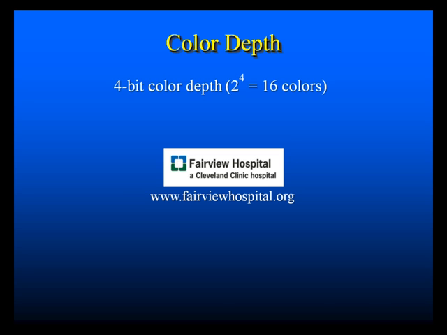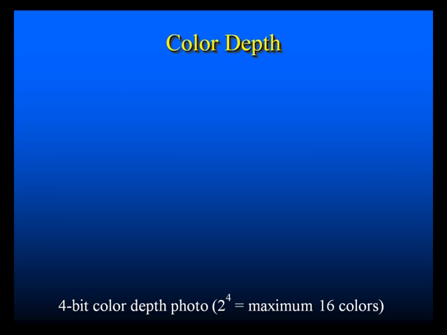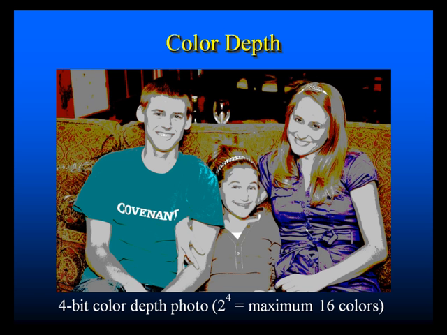But how about for a photograph if you only had 16 colors? Well, here's a picture I took of my 3 kids last Christmas. You'll notice that 16 colors is totally inadequate for a good photograph. If you look carefully on this image, you'll see most of those 16 colors. You see in the teeth some white, in the faces 2 shades of gray.